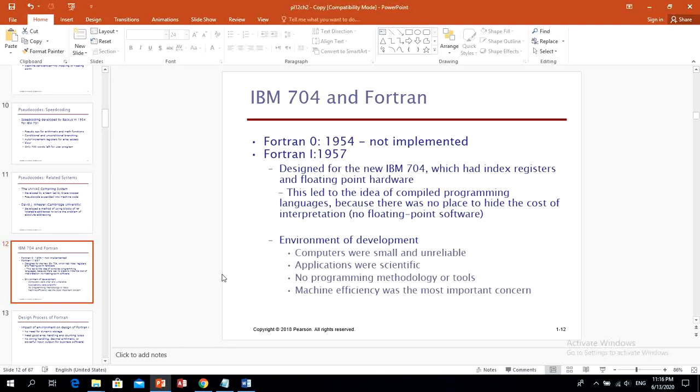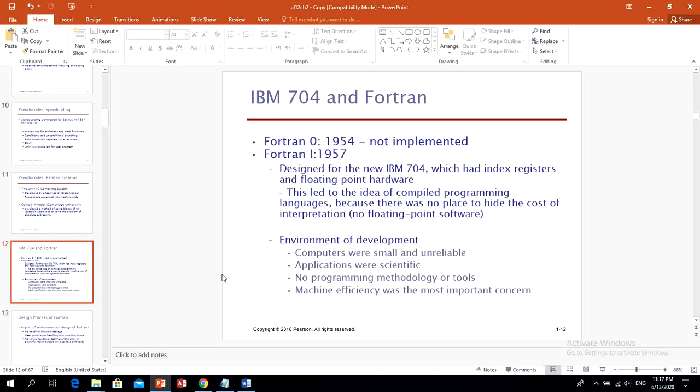I would say that Fortran 0 is just a starter for designing Fortran. Fortran stands for Formula Translator. So they called it that to translate the formula, i.e. to compile a formula to get something out of it. So it's called Formula Translator, but the short name for it is Fortran.